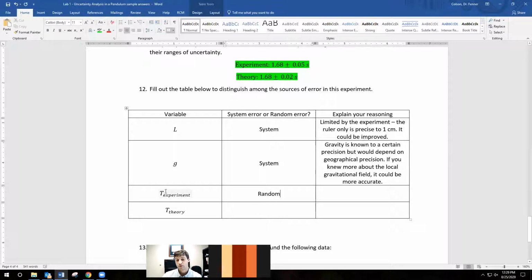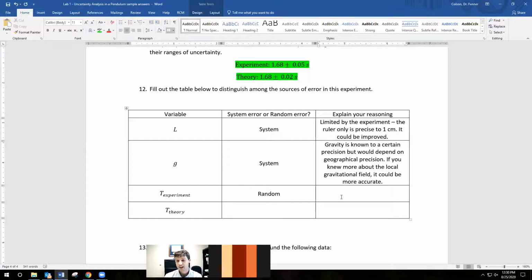So the period, when we measured it, was measured with the stopwatch. Assuming that you stop and start as accurately as possible, the uncertainty associated with starting at the right time and ending at the right time is essentially random.